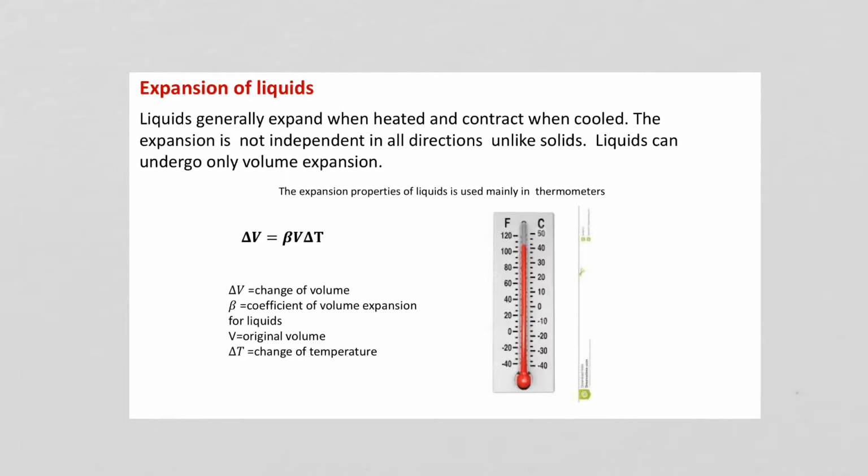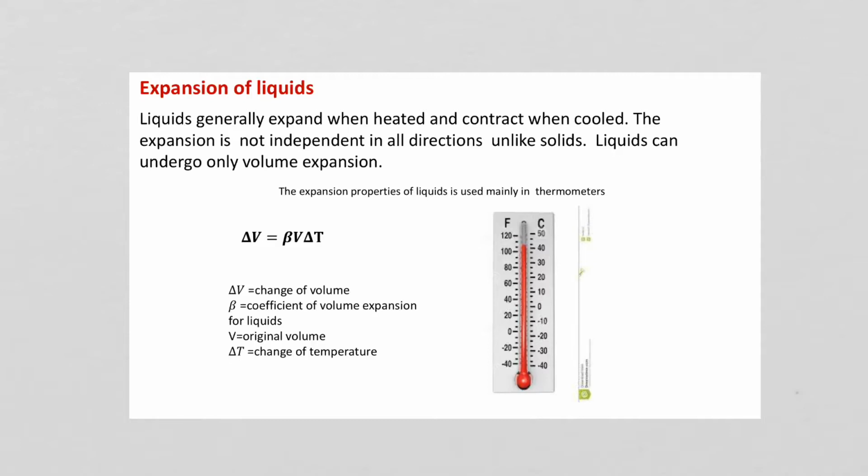And so the relationship between the change in volume and the original volume is given by the formula here, where delta V is the change in volume, beta is the coefficient of volume expansion, V is the original volume, and delta T is the change in temperature.